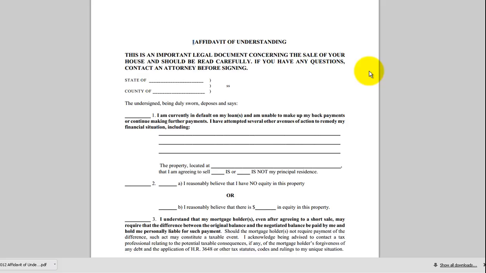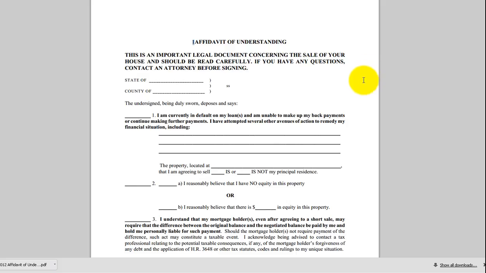Now, if they state that they think they do have equity in the property and that equity is sufficient to obviously pay all the debt owed on the property and the realtors that are involved in the property and all the closing costs, then that is not a short sale. So in those cases, you should not bring those to us. We are only dealing with negative equity properties that require a short sale.